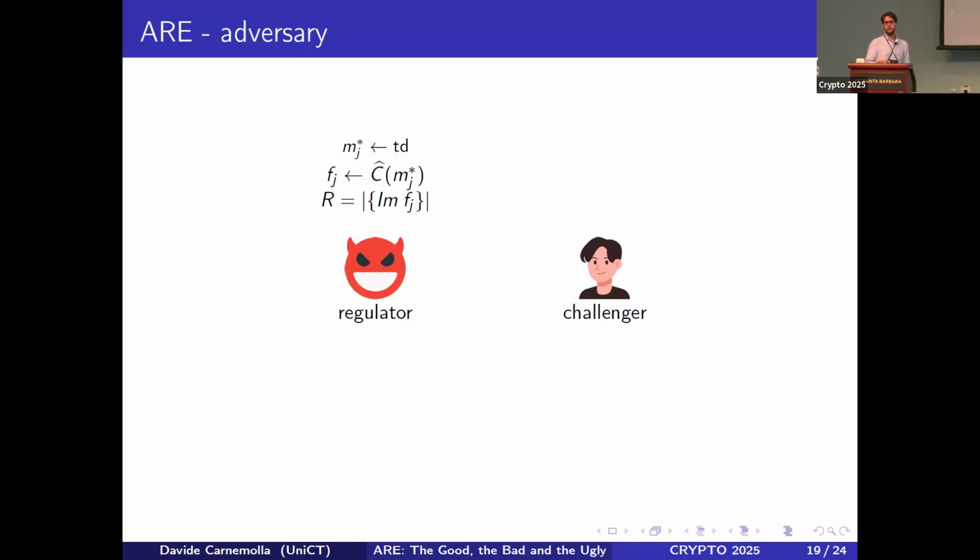And also, it will be able to find the size of the image of this function. And then it asks the challenger for the encryption of the message M star and the covert message 0 several times. And then it stores these ciphertexts in a set S0.